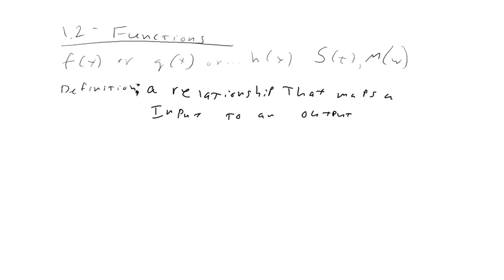Now, maps an input to an output. Inputs are things like x or t. Inputs are the input variables, usually x, sometimes t. T usually stands for time. Sometimes we use the input for time.